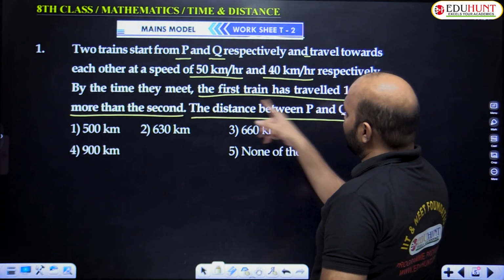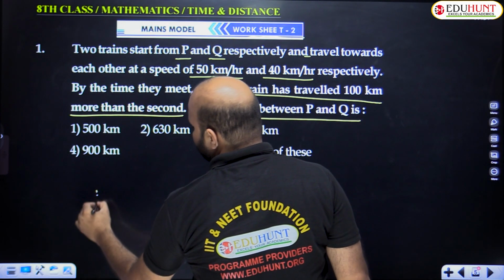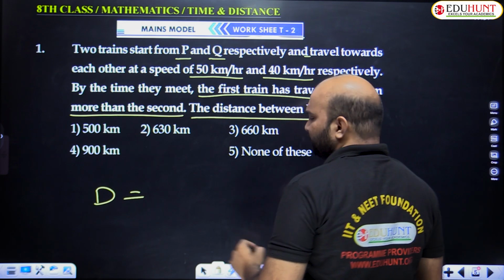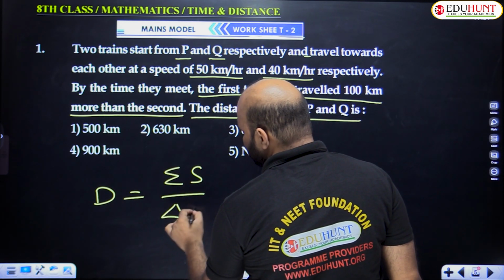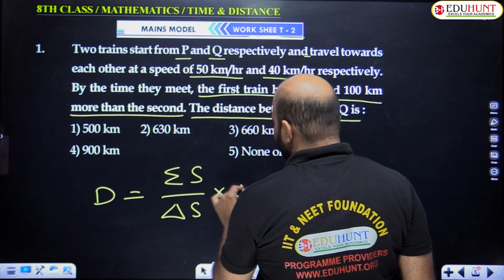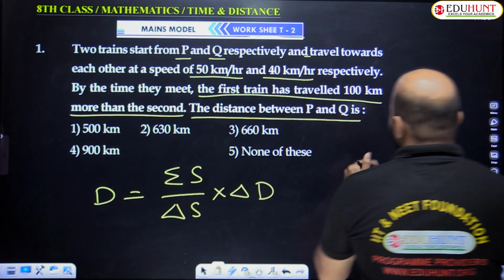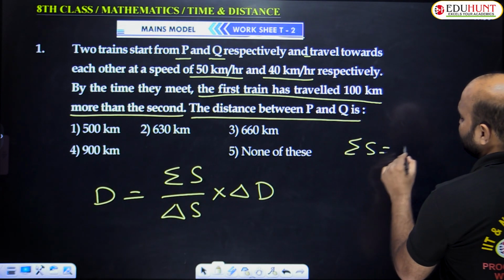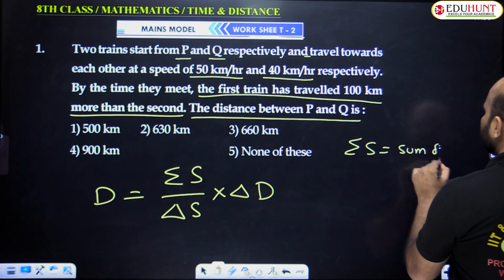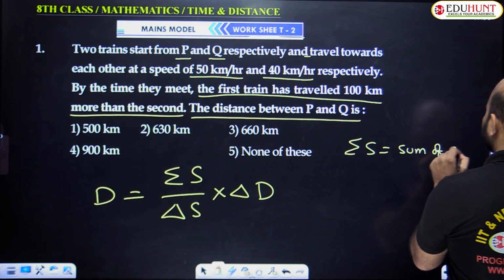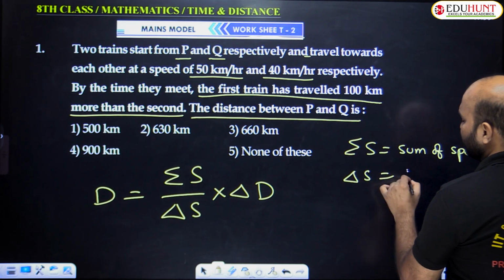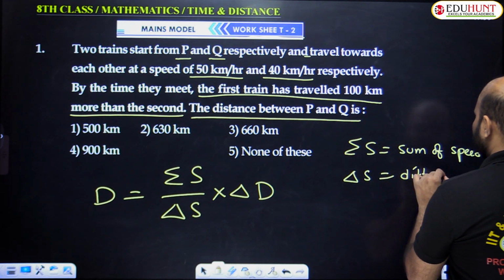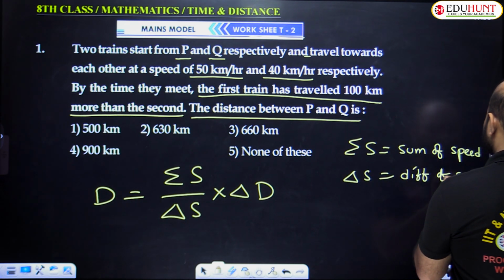So if it is given this type of condition, and finally what I am asking is the distance, the formula is: distance equals sum of the speeds by difference of the speeds, into difference of the distance. This is a formula. Here sigma s means the sum of their speeds, and delta s means the difference of their speeds.